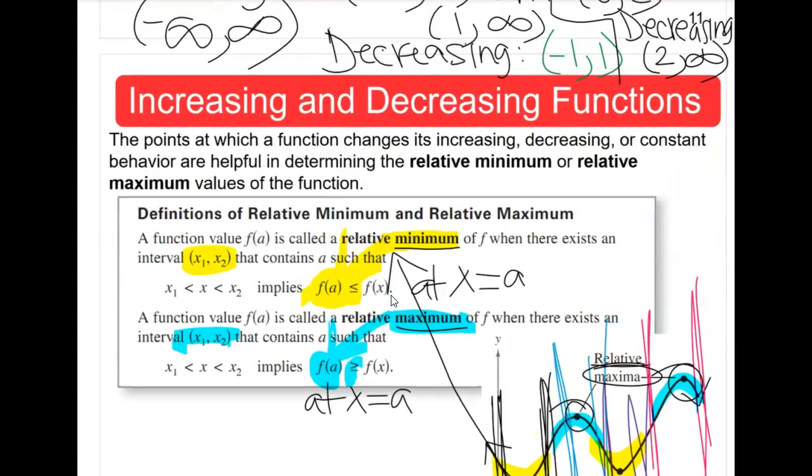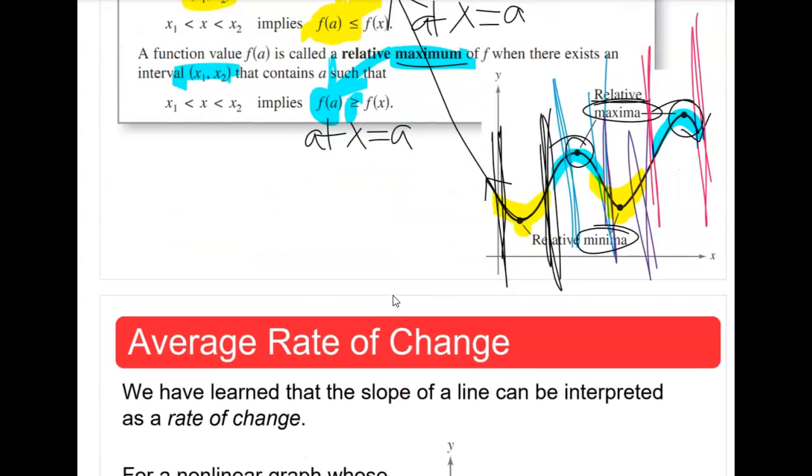Okay. So if you are given questions, let's put some numbers here. Let's say that's a 1 and this is 2. And the question is, find the relative minimum of the function for the x interval from 0 to 2. So, of course, you will be focused on this point.